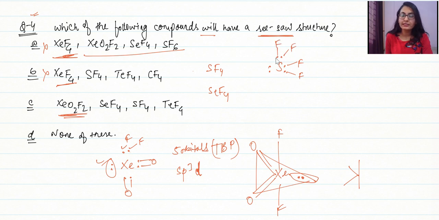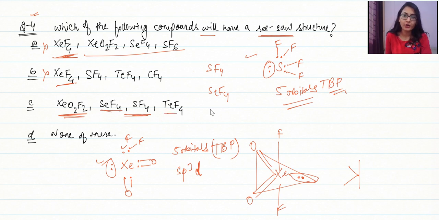So 4 orbitals required for fluorine, 1 orbital for the lone pair. So again there are 5 orbitals which are required in total. Okay, so 5 orbitals definitely going for TBP geometry, and definitely it is going to give us the same structure as XeO2F2 is giving. Okay, so it is also going to follow seesaw, and both of them are in the same family. They are going to give the same structure.